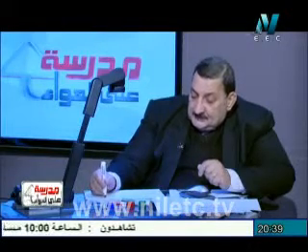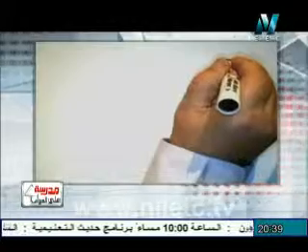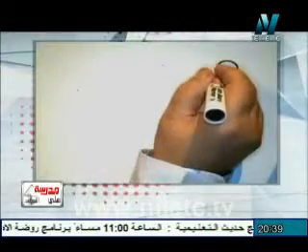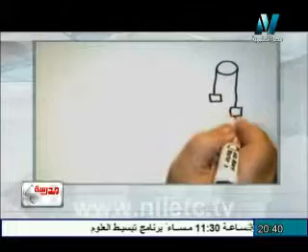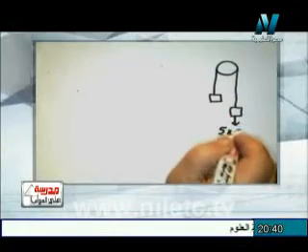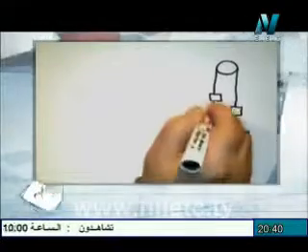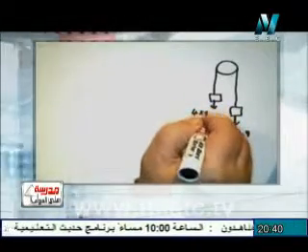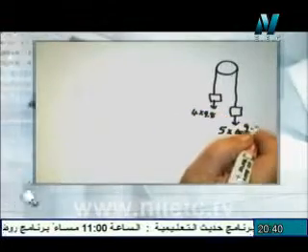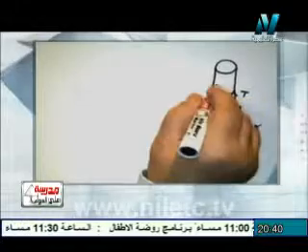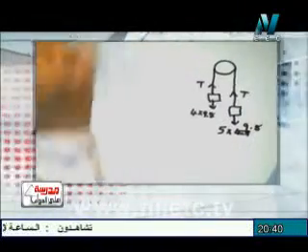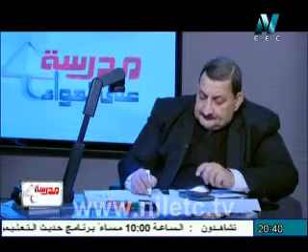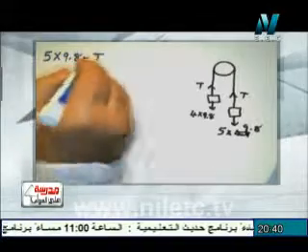So we have the pulley and the two strings. The weights are 5 multiply 9.8 and 4 multiply 9.8, with tension T on each side. We write the equation of motion. We have 5 multiply 9.8 minus T equal 5A.